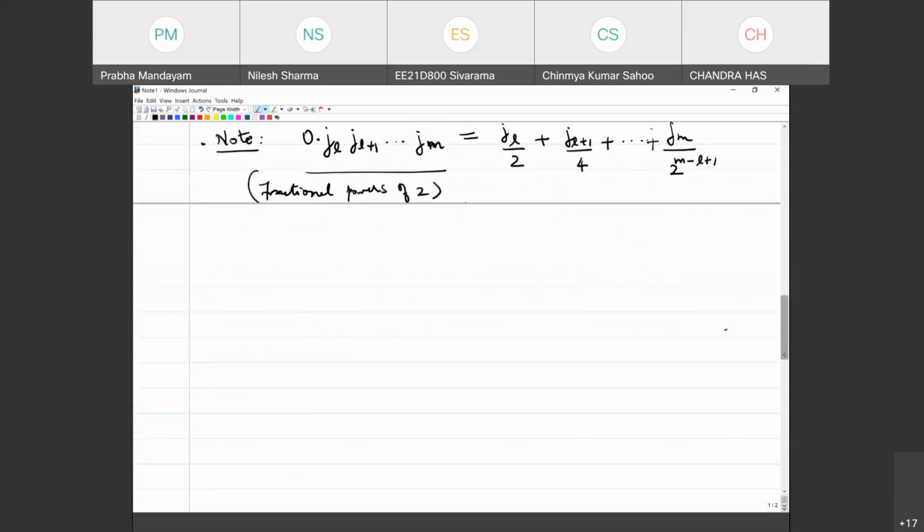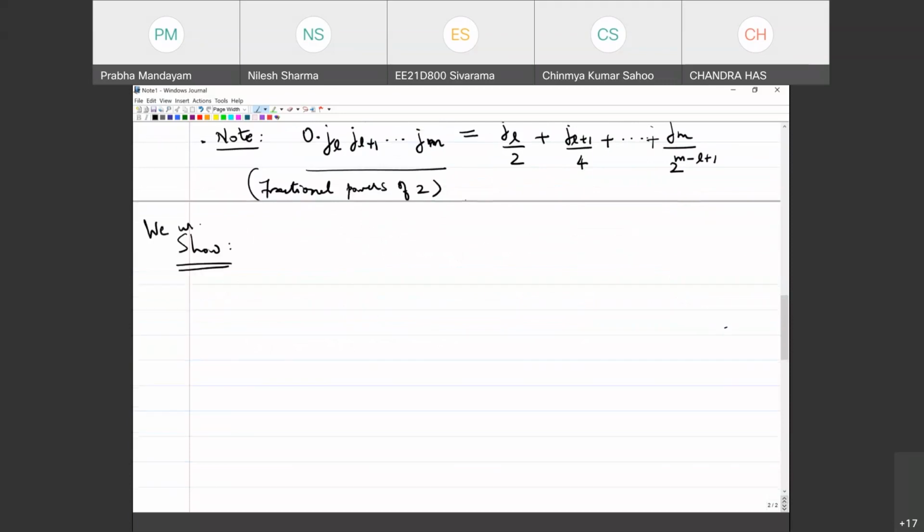So let's show that this transformation, now remember, I will write the basis state index as j1, j2, j3, etc., jn. Note that for capital N, I'm saying 0 to capital N minus 1, but for this, I'm saying j1 to jn.